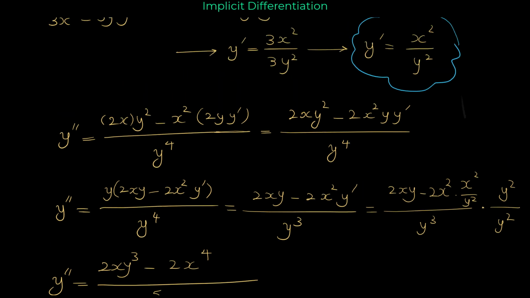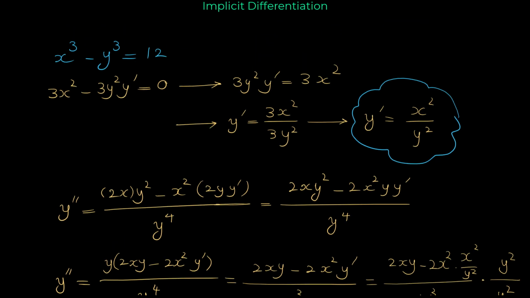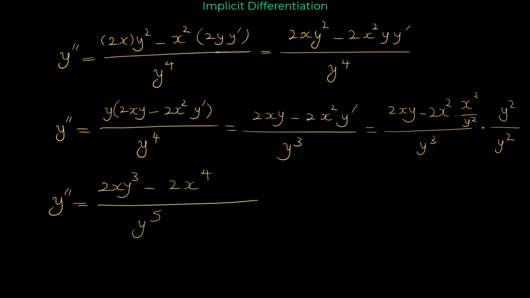Again, if you remember, x to the 3 minus y to the 3 is 12. So we know that x to the 3 minus y to the 3 is 12. Let's see, can we use this again for simplifying our answer or not?